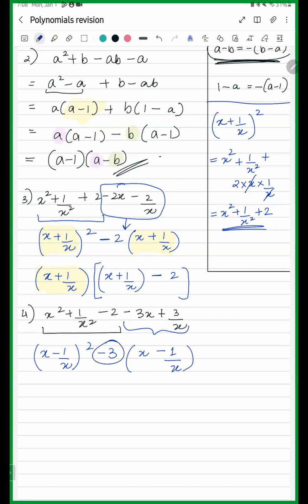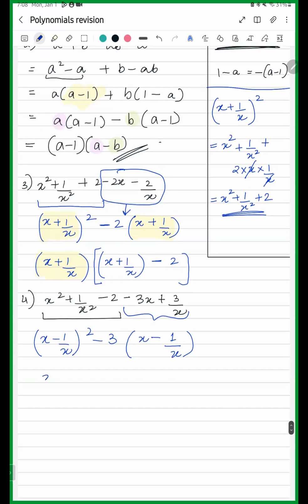Because now see, when you try to open this bracket, it will be minus 3 into minus 1 by x, which is equal to positive 3 by x, which is what we have over here. But why did we take minus 3? So that our bracket could become exactly like this bracket. That's why we took minus 3 and not plus 3. If you took plus 3, this would have been the case. But this is not the bracket that we need. So that's why we took minus 3 and we got this. Okay.